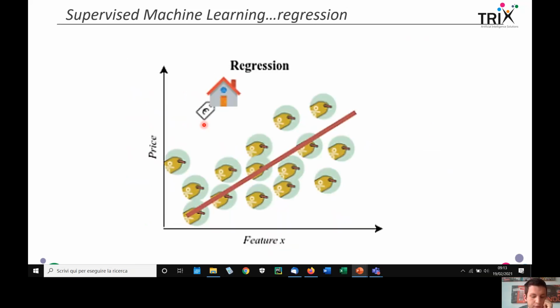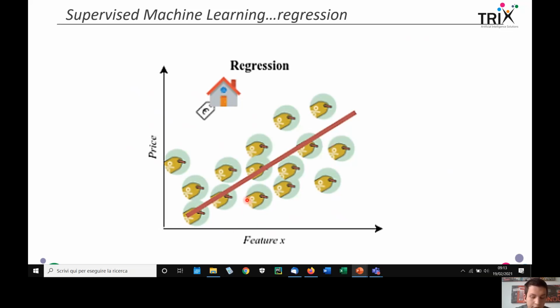In a regression problem, however, I have no classes, but the goal is to predict a precise numerical result. We therefore have a continuous function, such as in this case a straight line, where the system, when a new datum enters, must assign a value based on the function to this new datum.